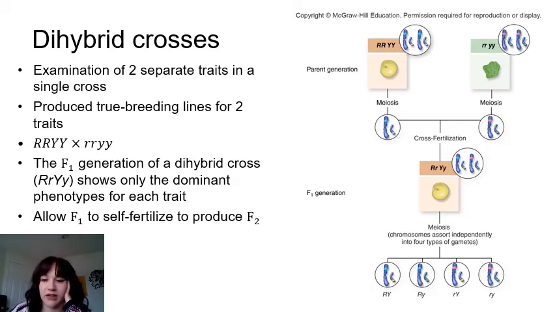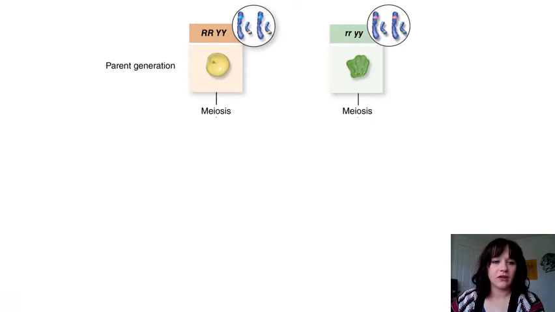Then the scientists will perform an in-cross of that F1 generation, and we're going to get a variety of different combinations in the F2 generation that I'm not quite showing yet. So here, let's look at this cross in terms of meiosis. What are these gametes carrying?